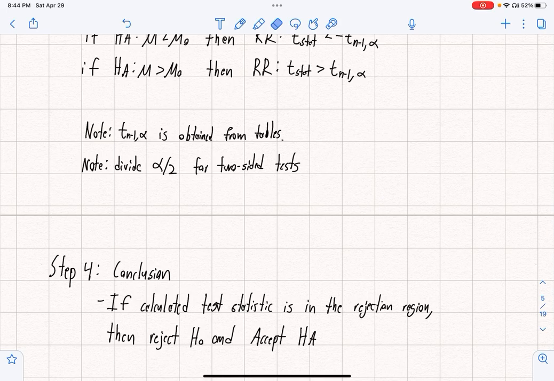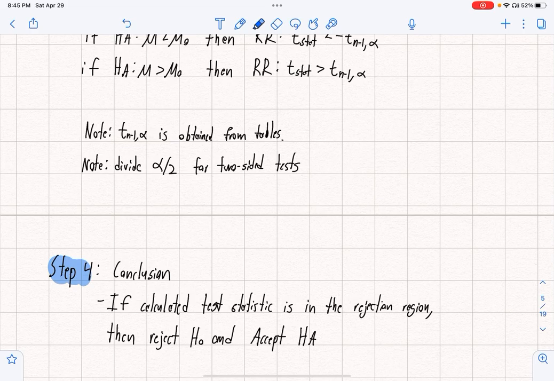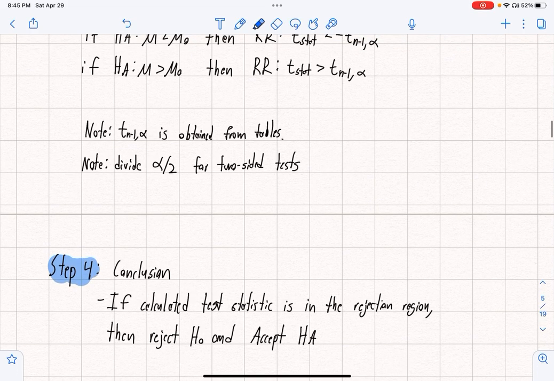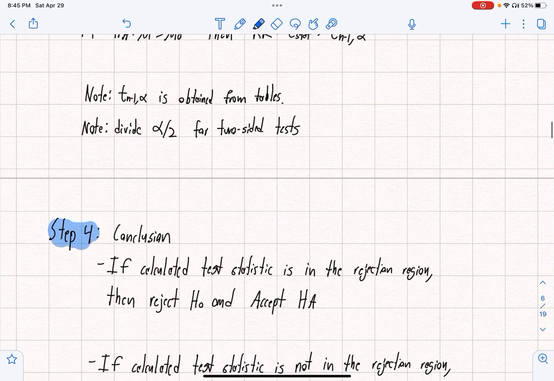Step 4. We want to draw a conclusion. All we're going to do is plug our t-stat into the rejection region and determine if we reject the null hypothesis or fail to reject.